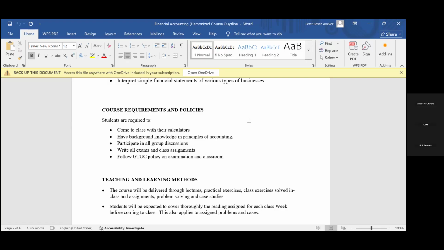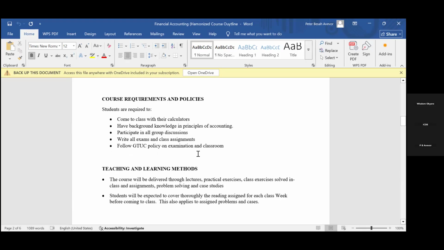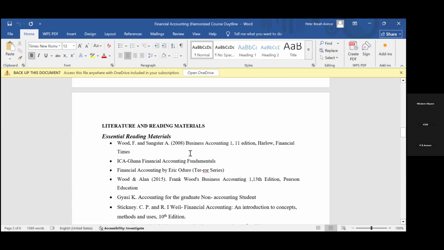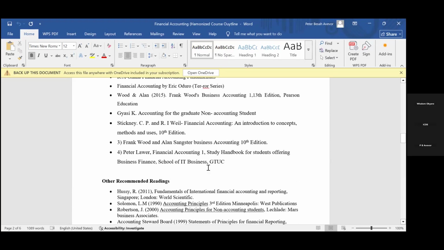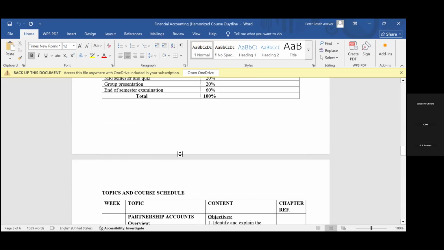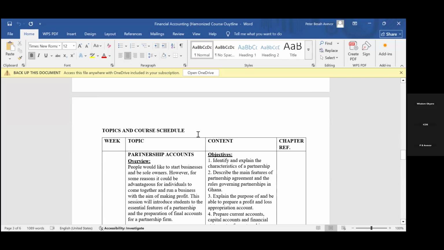You know, we've talked about the policy of academic dishonesty in the level 100 course outline. So the same thing applies here. Academic dishonesty is highly not tolerated.